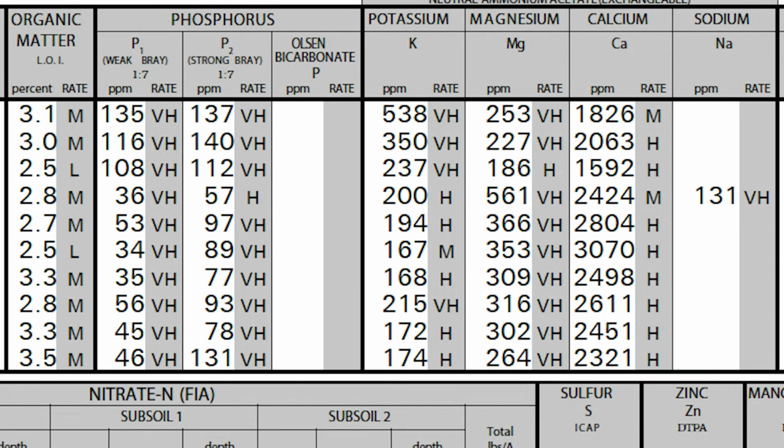Sometimes on your test you're going to see a high phosphorus. The particular one that I'm looking at right here has a very high. All the phosphorus values here are said to be very high. I mean, we're even looking at some with 108, 135. So what do we do when we have phosphorus that's that high, or why would that be the case? Well, if you're on a property where you've used a lot of manure, whether it's chicken litter or other types of manure sources, then generally that's an indicator.